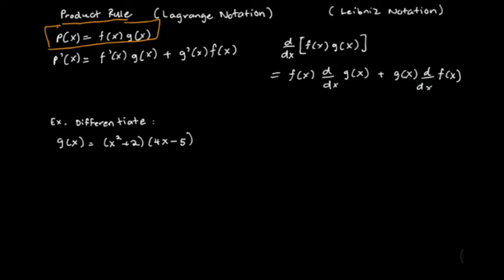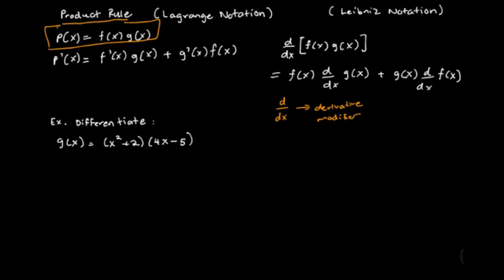Either way, both will mean the same thing, so we'll just use a combination of the two. I tend to use the derivative modifier, d dx, or the rate of change with respect to x, because it clearly shows that we're finding the derivative of something. So this is just a great way to show your work.